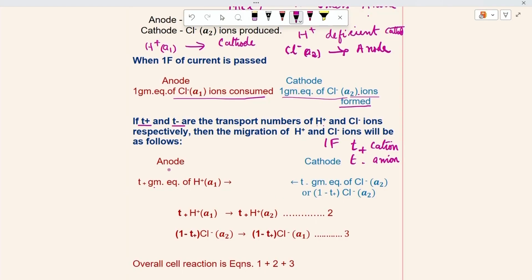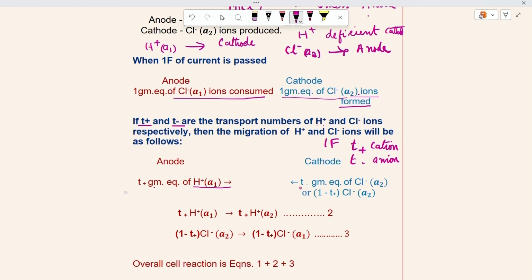At the anode we have an excess of H plus ions and they have a tendency to migrate, and therefore T plus gram equivalents of H plus ions will migrate from anode to cathode. At the cathode, we have excess of chloride ions and T minus gram equivalents of chloride ions having activity 2 migrate towards the anode.